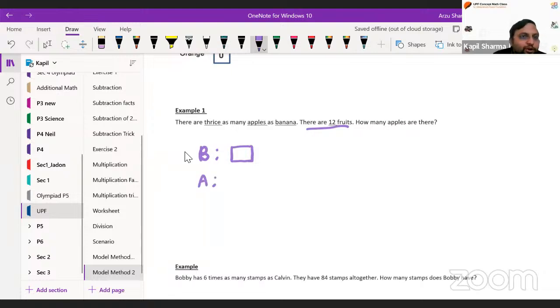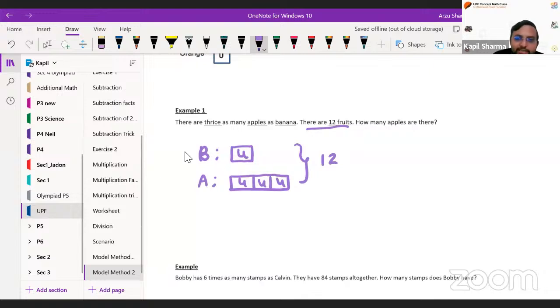So the number of apples would be represented by 3 such boxes. Yes, guys, is this clear? Let's say that the size of this is U. So this is 1U, this is 3U. And the total is 12.